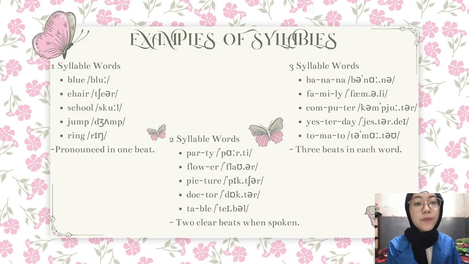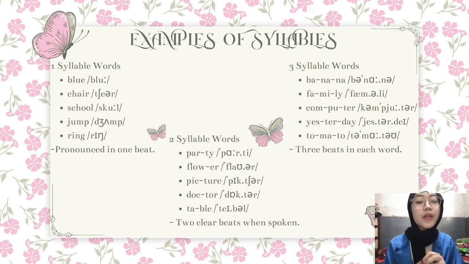And then this is an example of syllables. These are different numbers of syllables. Number 1, one-syllable words. Examples are blue, chair, school, jump, ring. Each word is pronounced in one beat. Second, two-syllable words: party, flower, picture, doctor, table.